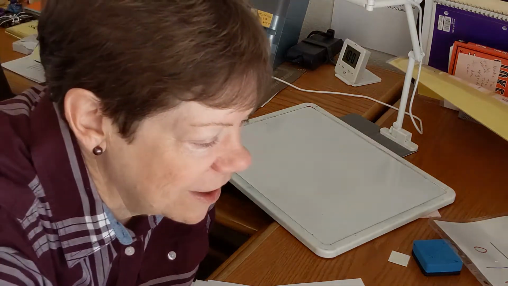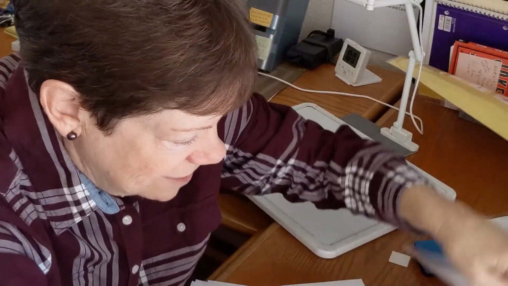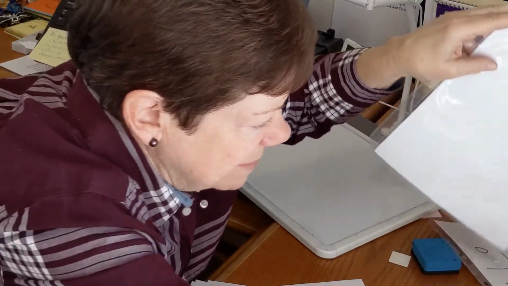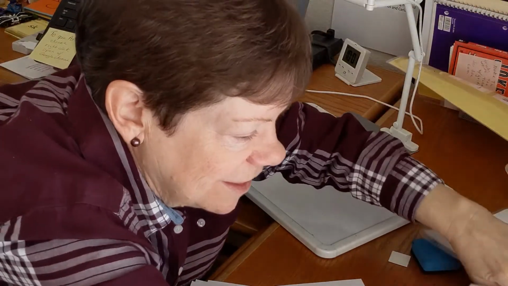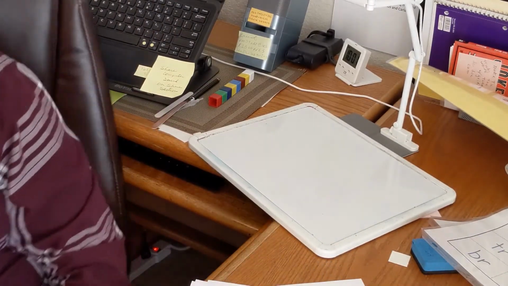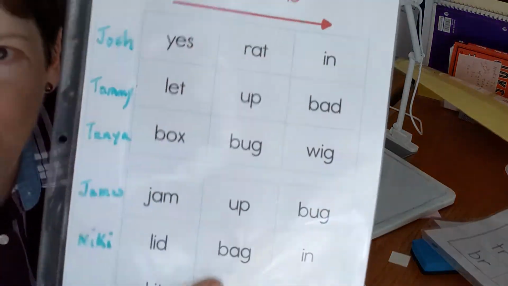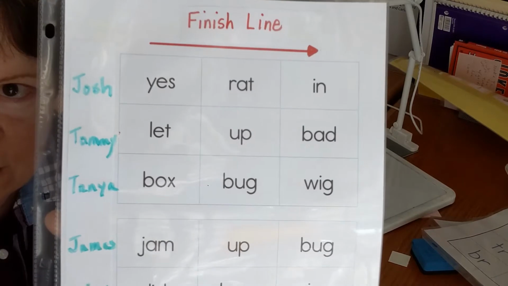All right, let's see if there's any others that I can see here that I worked up. Okay, this one here is, let's see, where's my, oh, here it is, finish line. Okay, so this is finish line. And this one you can do once they start reading words.